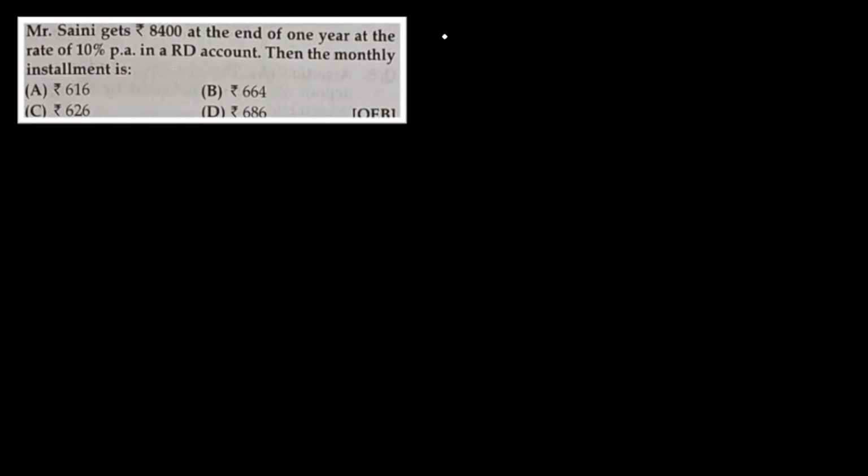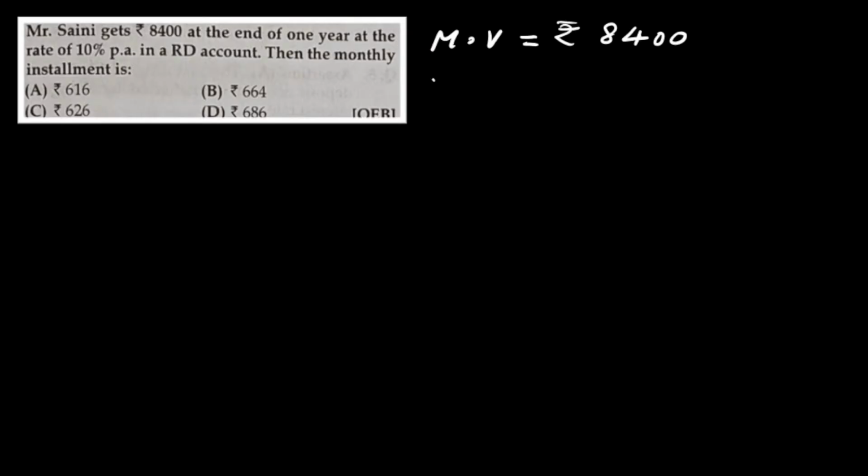That means maturity value is given to us, because this is not the amount which the person is depositing every month. Every month means P is given to us. But here, the amount which the person gets at the end of the time period is the maturity value only. So, maturity value is given to us.